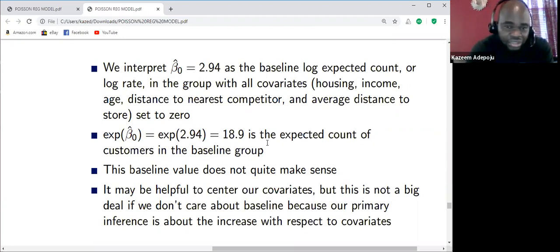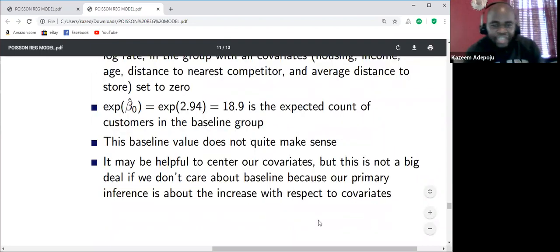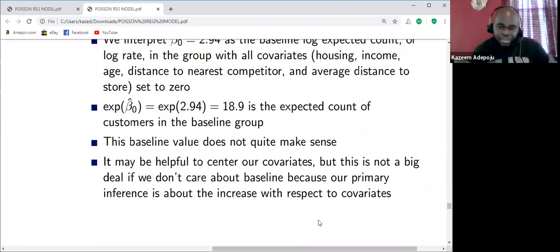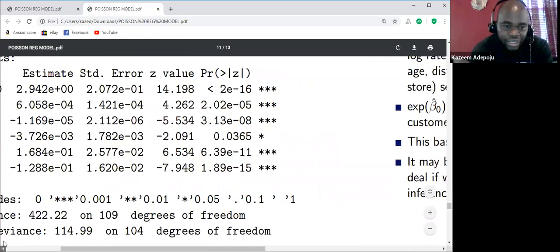Like I said, it may be helpful to center our covariates, but this is not a big deal, because you don't care about the baseline; the primary inference is about the increase with respect to the covariate. So you don't need to worry about the scaling.